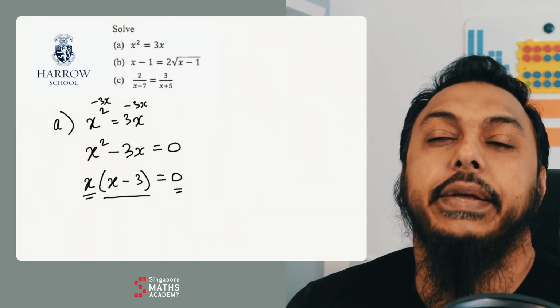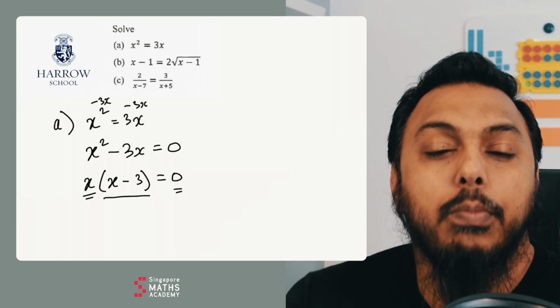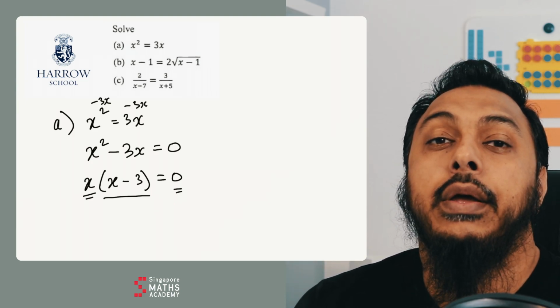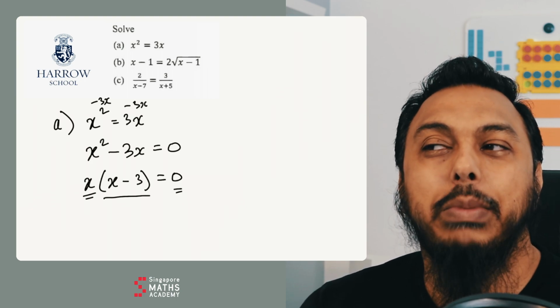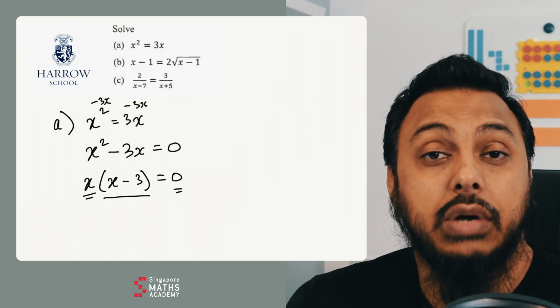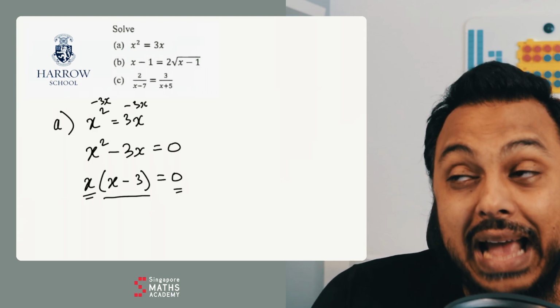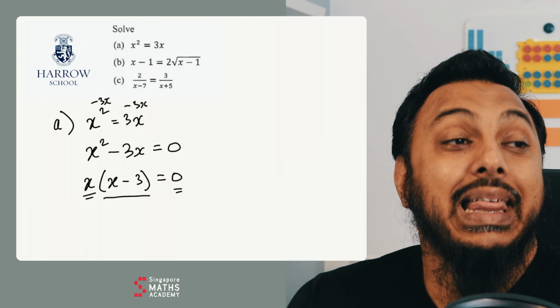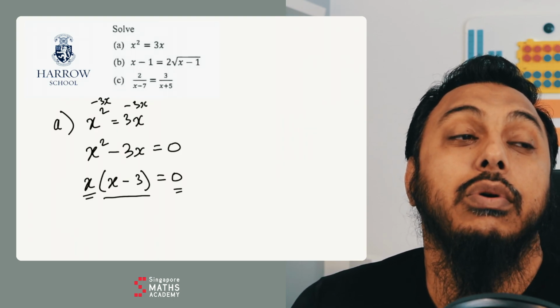Now tell me something. When you multiply two numbers, how do you make sure something equals 0? If either of the numbers is 0, right? If x is 0 in this case, or x take away 3 is 0 in the brackets, that will make sure that I have 0 in the end.